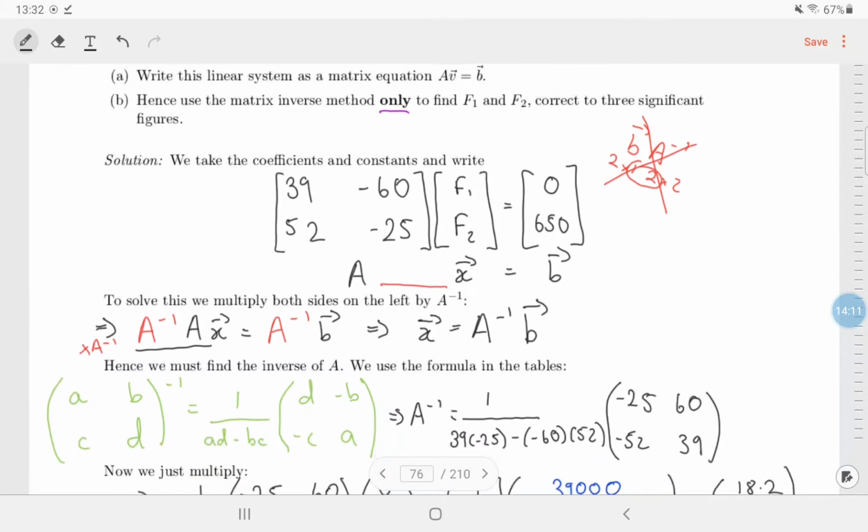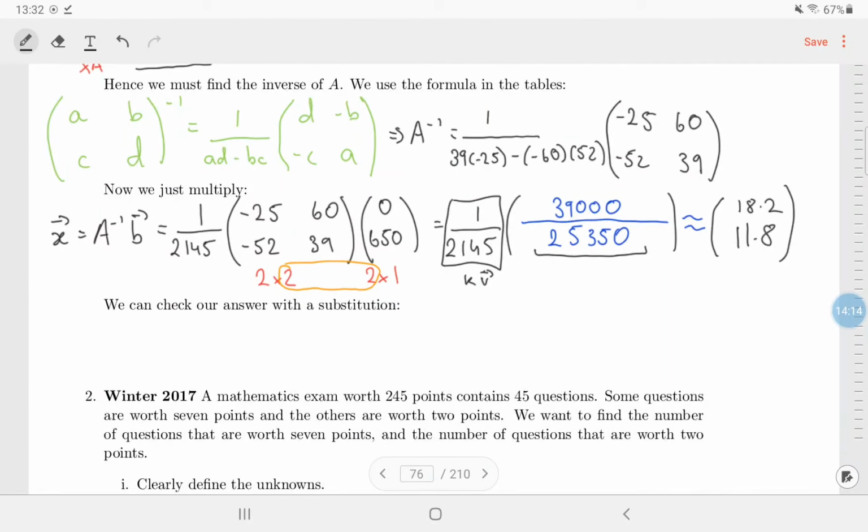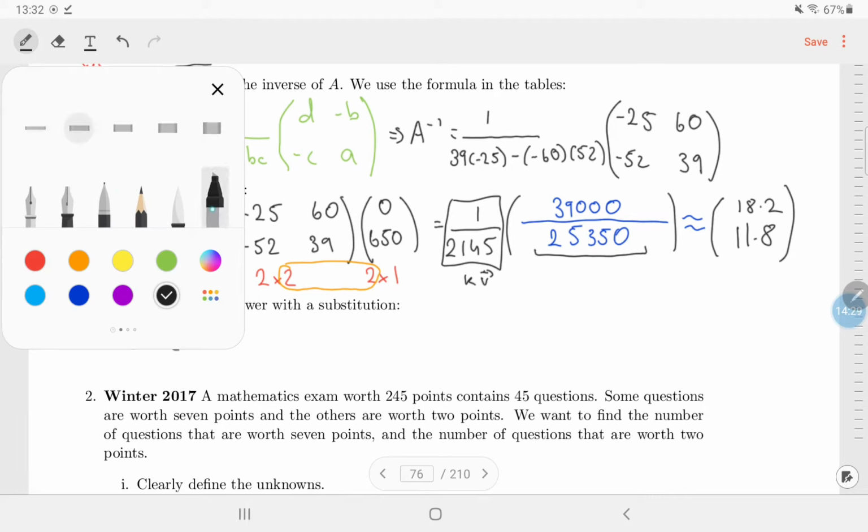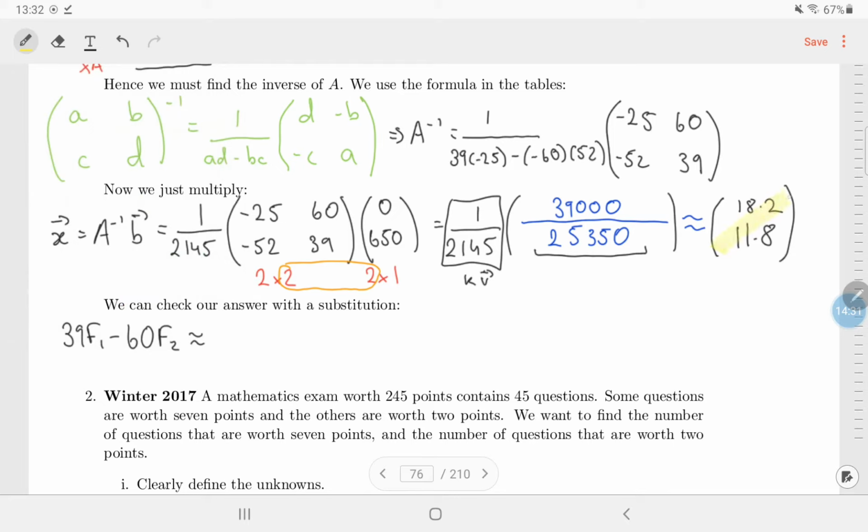So 39 F1 minus 60 F2 is approximately, substituting in these numbers into this, 39 by 18.2 minus 60 by 11.8, and this comes out to about 1.8.